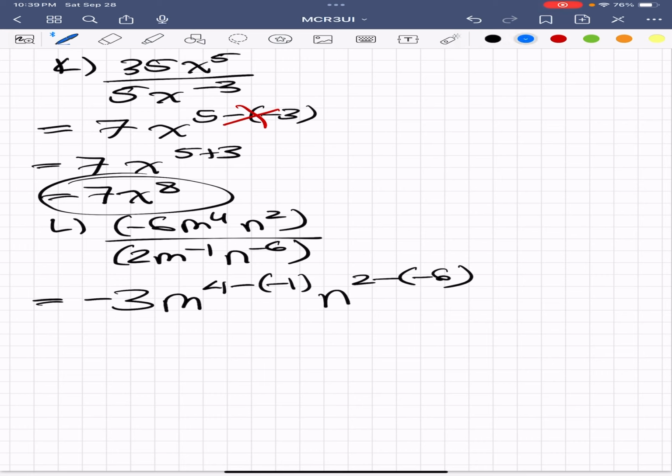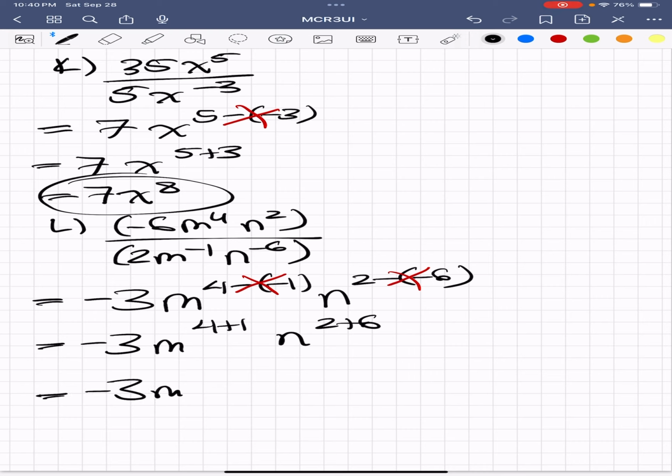Again, 2 negatives cancel out and become positive, so we're going to scratch those out. Negative 3, m, 4 plus 1, n, 2 plus 6. So we have negative 3, m to the power of 5, and n to the power of 8.